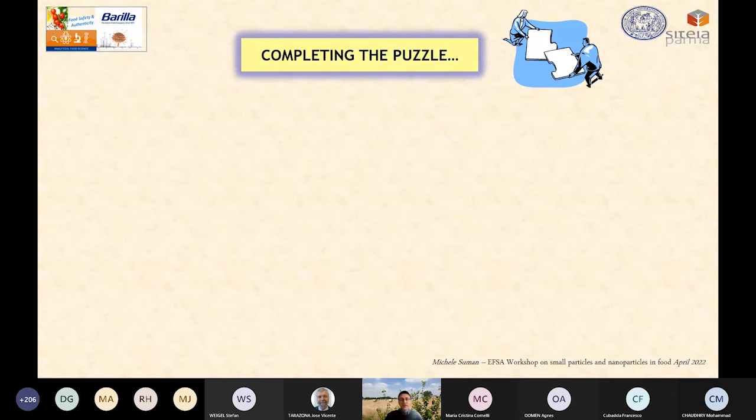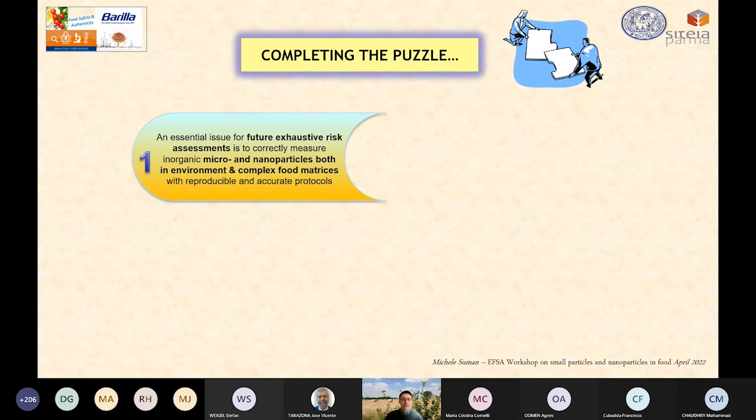So, coming to a sort of completing the puzzle, we can say that the micro inorganic and nanoparticles assessment also for the future implies the need to combine information that has to come from the environment and also from the raw materials to the finished products in the different food chains, trying to set protocols that have to be harmonized, reproducible, and accurate.